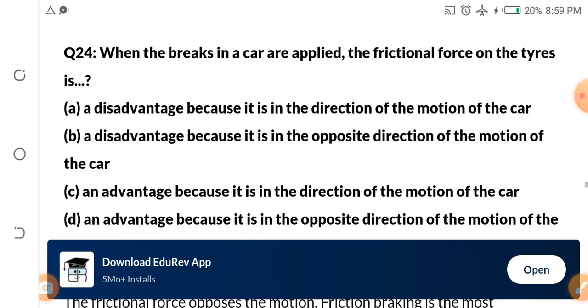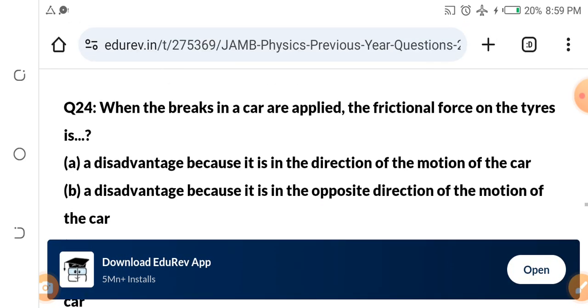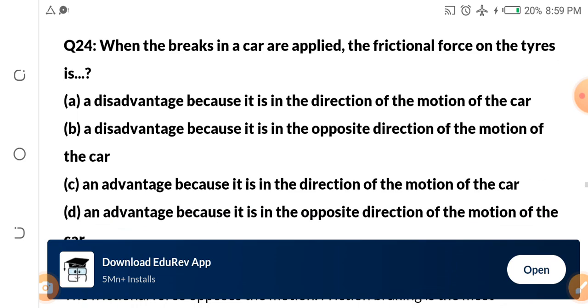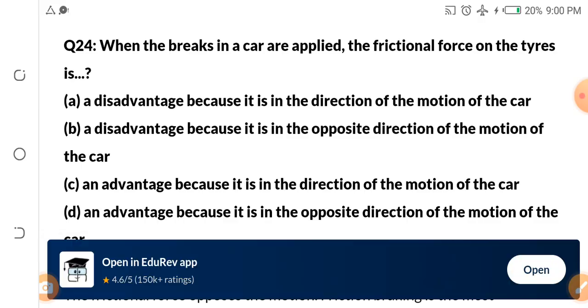Now pay attention to question 25. It's a theory question. And I've often told you, if you have followed our classes, that you have more theory questions than calculation-based questions. JAMB likes asking this question, even WAEC. When the brakes of a car are applied, the frictional force on the tires is dash.